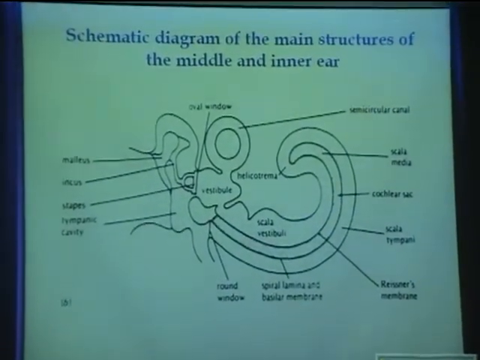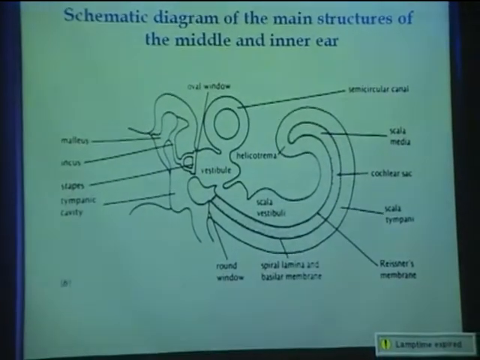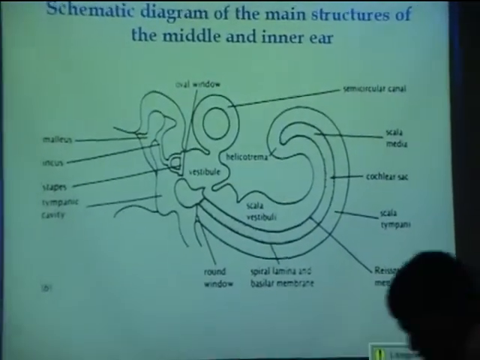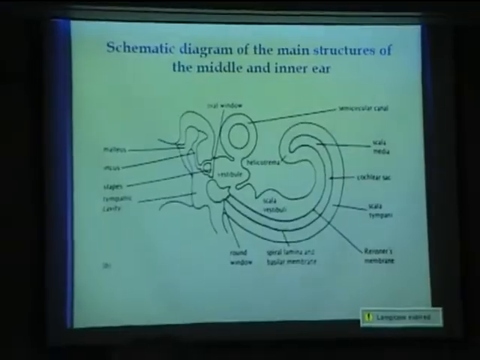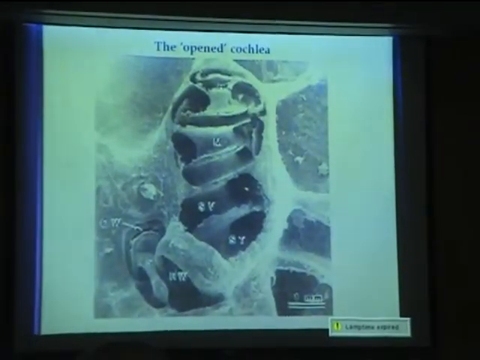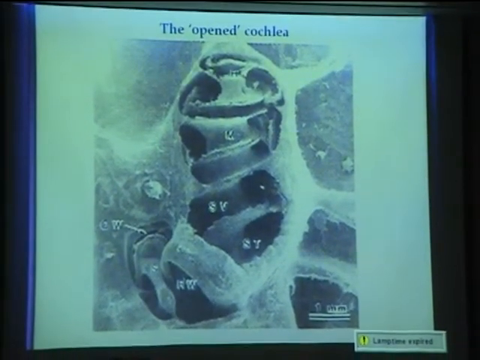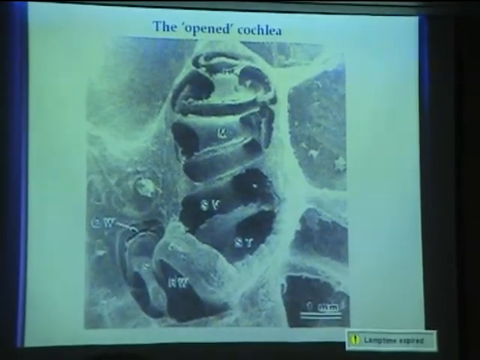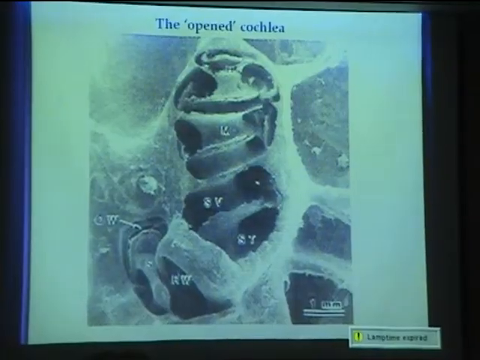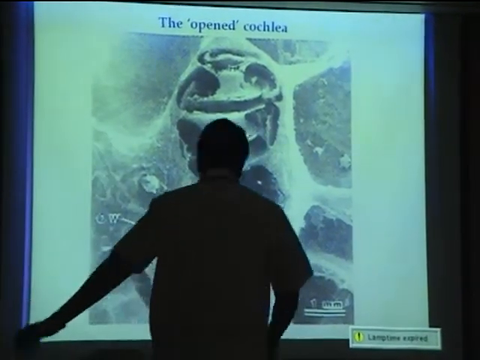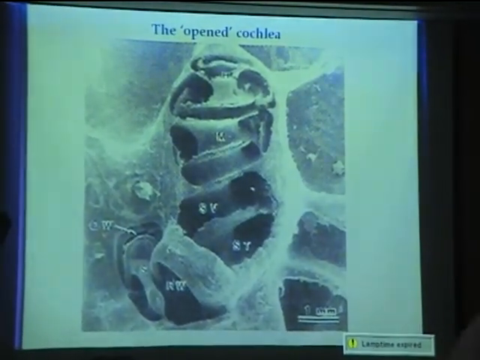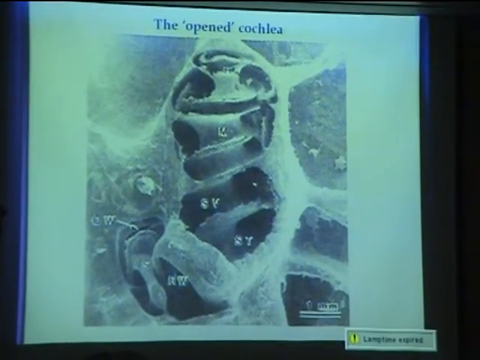And this is where it starts getting important. We all know that we need to understand the fine structure of the cochlea, because that's where the cochlear implant is actually going to go. It's very important for us to remember that the cochlea is literally like a spiral staircase.